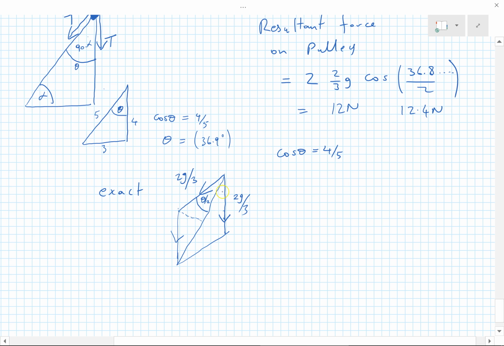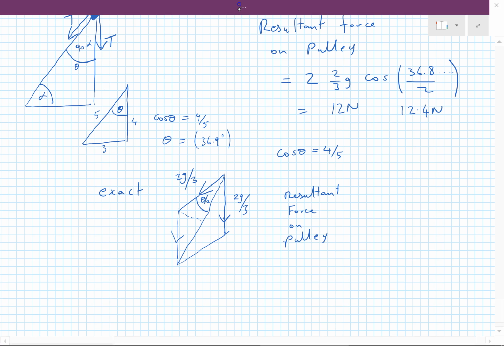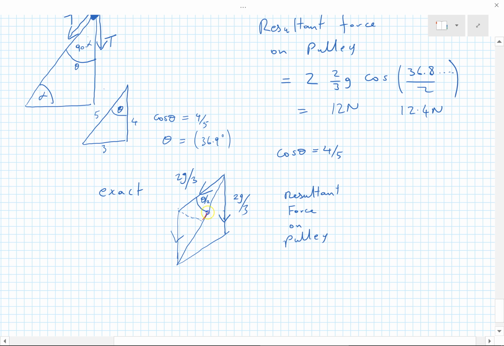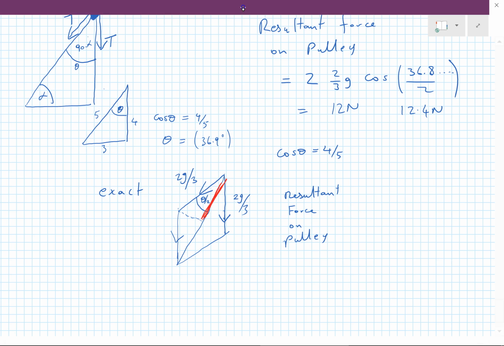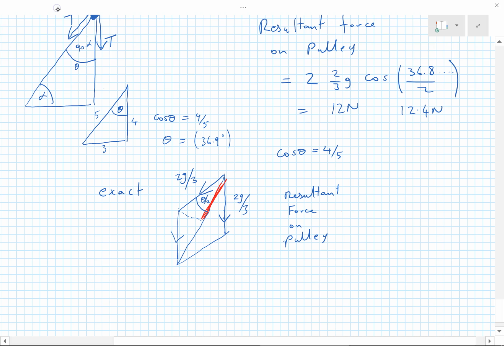And again, we can see that the resultant force on the pulley will be equal to basically double this length here. Just doing the same thing again, working towards an exact answer.